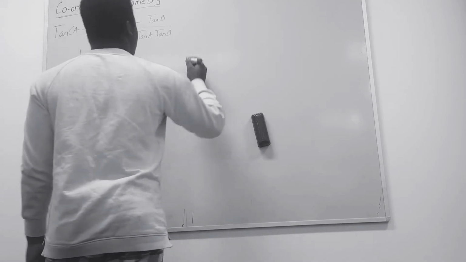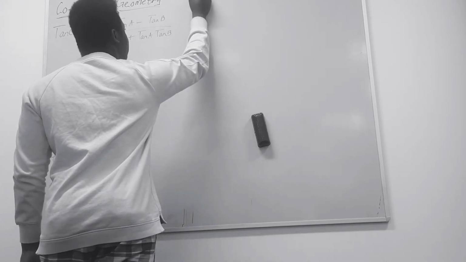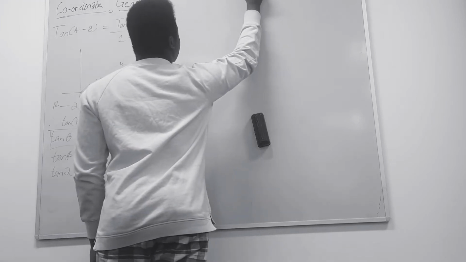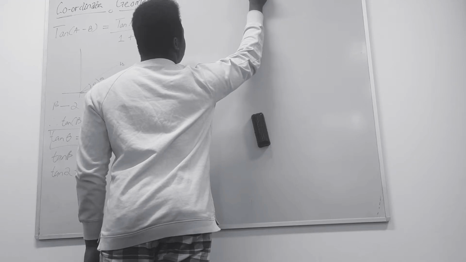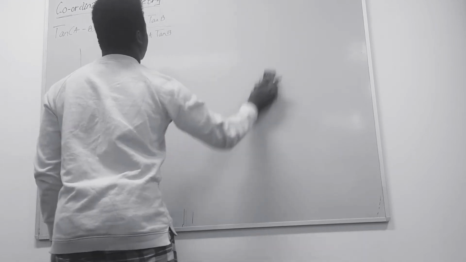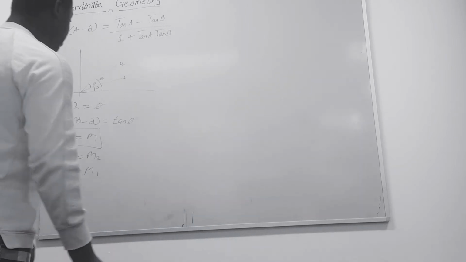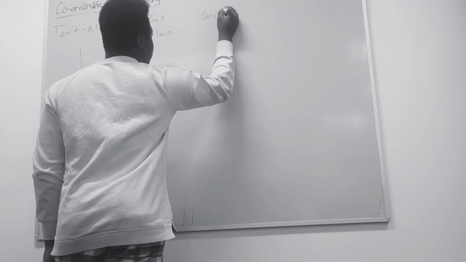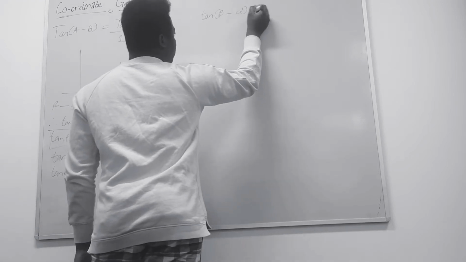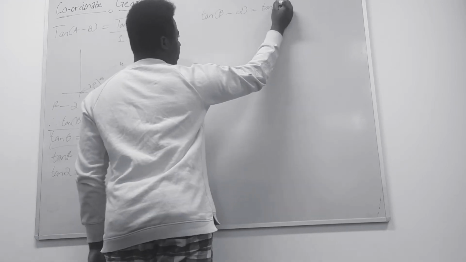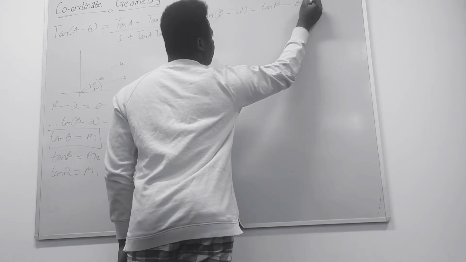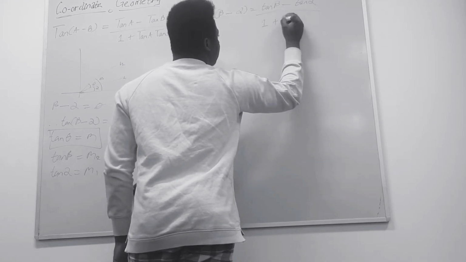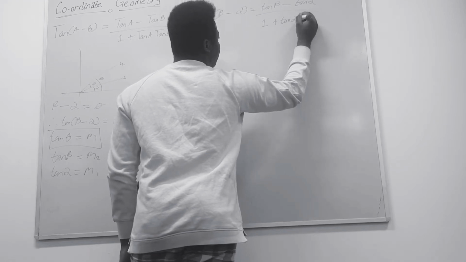However, tan of beta minus alpha is equal to, I'm not too sure if the camera extends up to there, so I'm going to write it lower, tan of beta minus alpha is equal to tan beta minus tan alpha divided by 1 plus tan alpha tan beta.